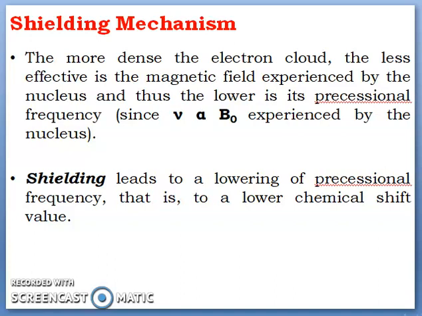Thus, shielding leads to a lowering of precessional frequency, that is, to a lower chemical shift value.